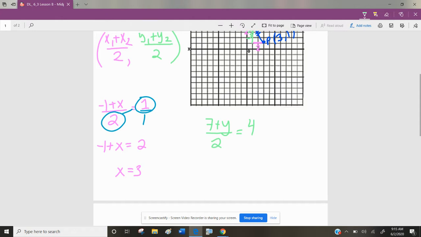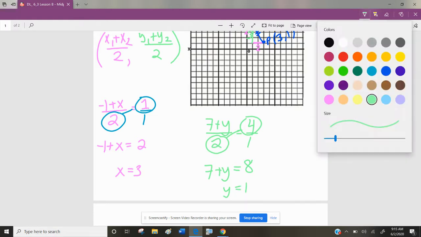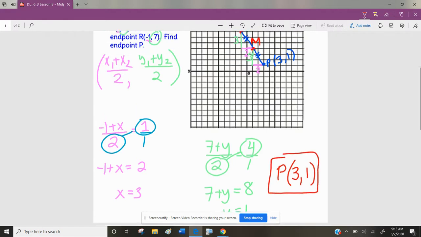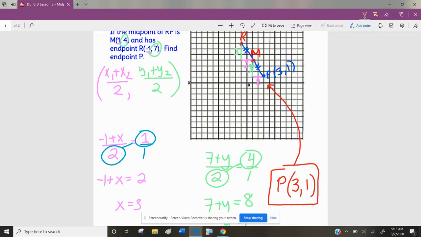Again, to get rid of that division by 2, we multiply both sides by 2. So 7 plus y equals 2 times 4, which is 8. Well, 7 plus 1 gives me 8. And notice we have the same coordinates as we did above. P is the point 3, 1, and that is the other endpoint of my segment here.